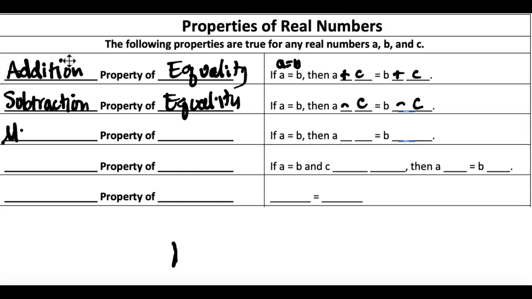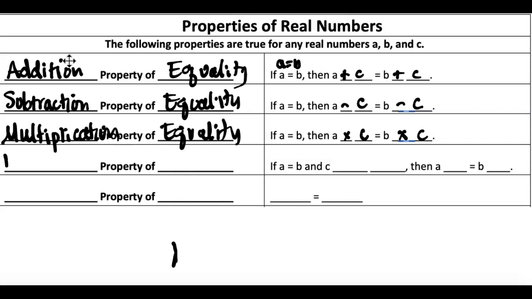Next one is our multiplication property of equality. Similarly, if A is equal to B, then A times C is equal to B times C. Division is our next one.